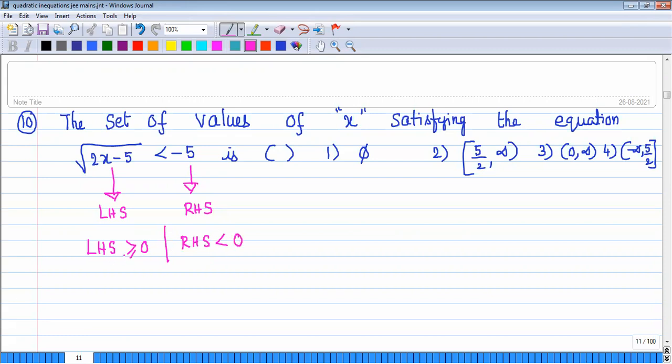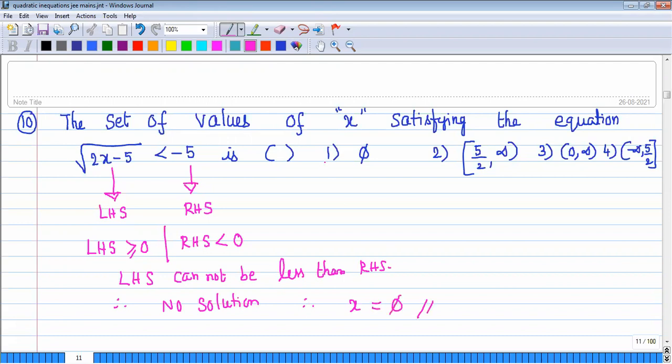But as LHS is positive, it cannot be less than 0. So LHS cannot be less than RHS. Therefore no solution. So no solution means x is equal to pi. First option is the right option.